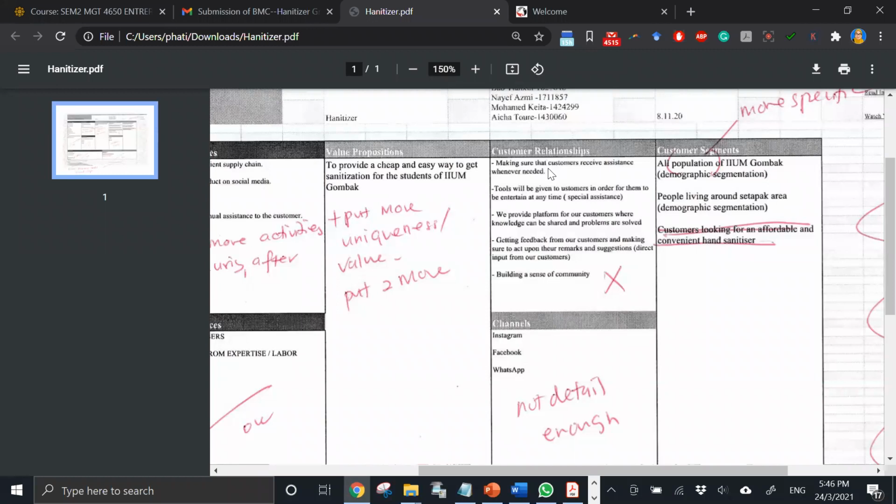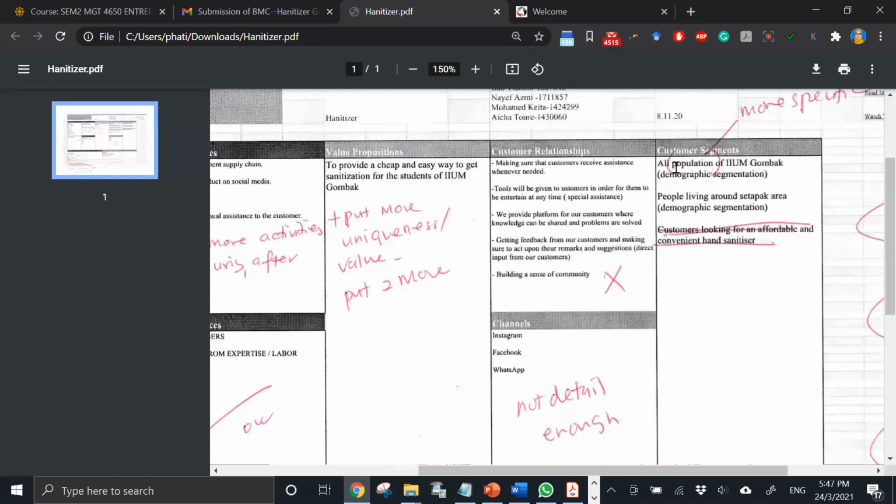So the customer relationship here is not really good enough. They provide special assistance and a platform, so this is not enough info. They also do a discount, but they're not putting the discount here.